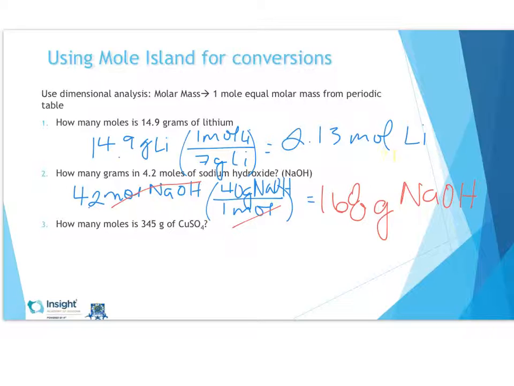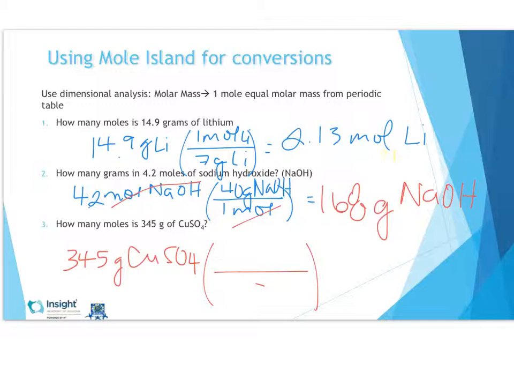Okay, and one more single conversion. If I have 345 grams of CuSO4, I need my molar mass on the bottom. So I'm going to look up copper, which is 64 grams, sulfur's 32, so 64 plus 32 plus 16 times 4.